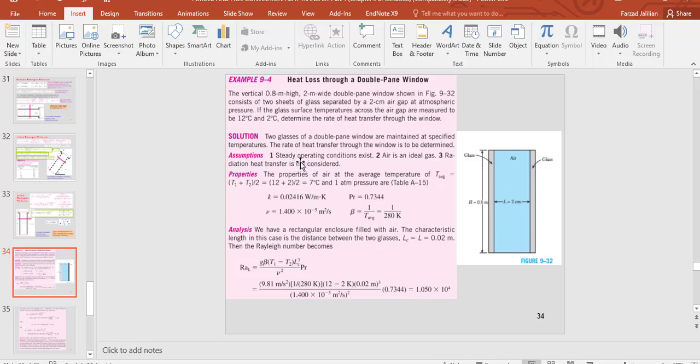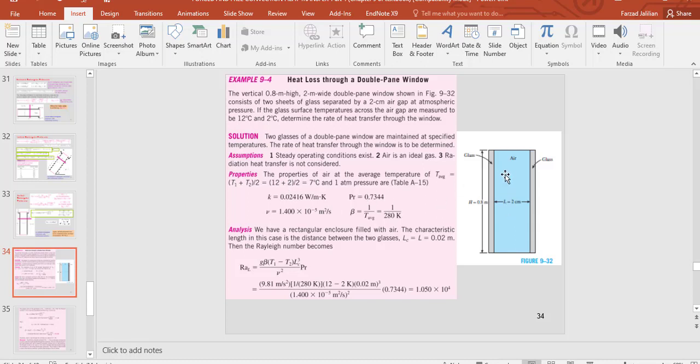But we can assume a steady operating condition, and air is an ideal gas, so we can use our table to find its characteristics. Also, radiation heat transfer is not considered. This is also important. So we only have to see heat transfer by conduction or convection.